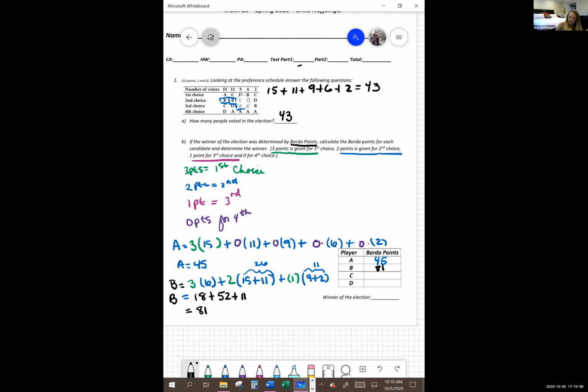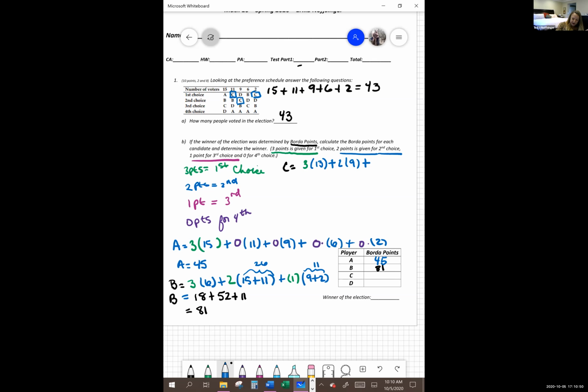So we just have C and D left. If we go through here and find C, C was ranked first place in 2 different places, and that's 11 plus 2, which is 13 players. So 13 players times the 3 points for first place. C was only ranked once in this row for second place, and that was 9 players, and that was worth 2 points.